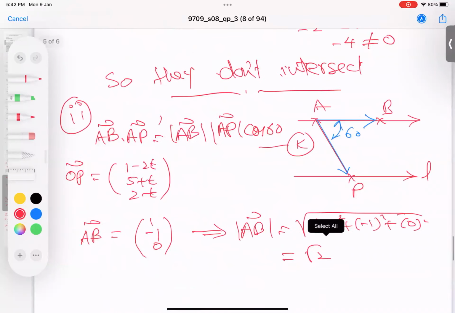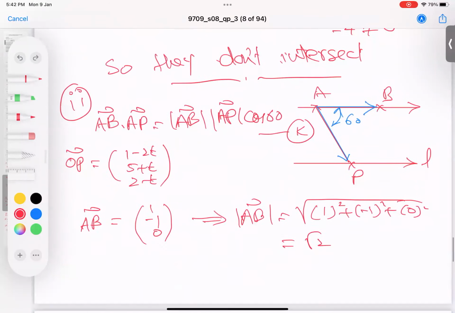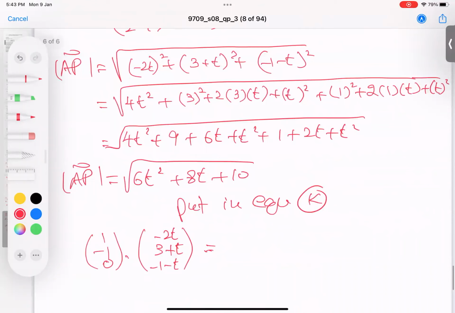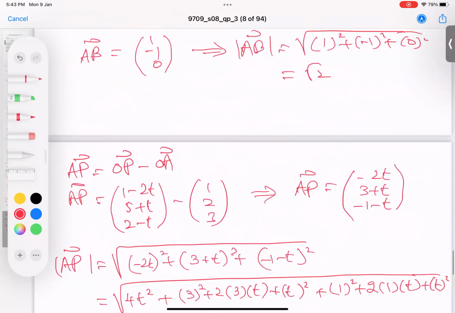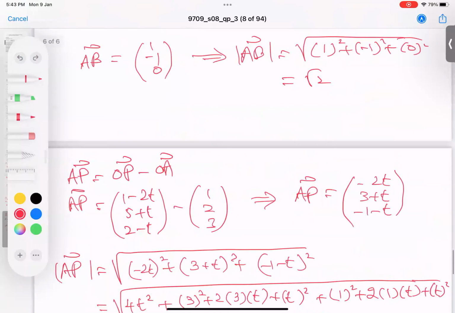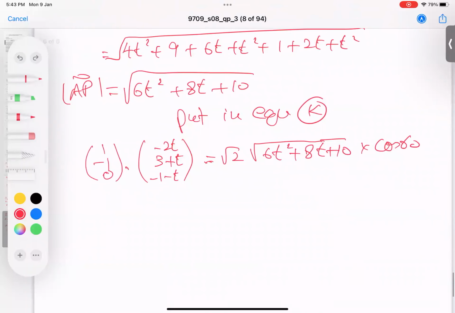Please review. This week I wrote, and now AB magnitude, which is root 2. It will come here. And root 2 will come here. And then AP magnitude, which is coming here. Root 6t square, we are just coming gradually close to our answer. And cos 60. And cos 60 is written already, you can see here. Okay, now I'm going to complete the dot product. What is dot product?